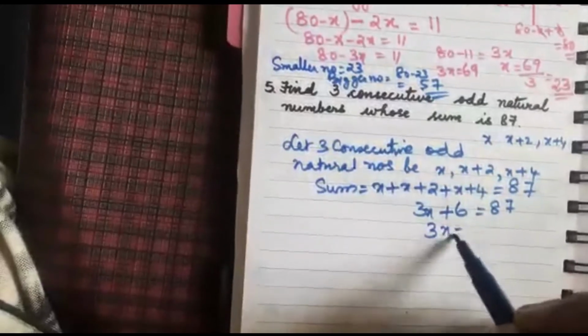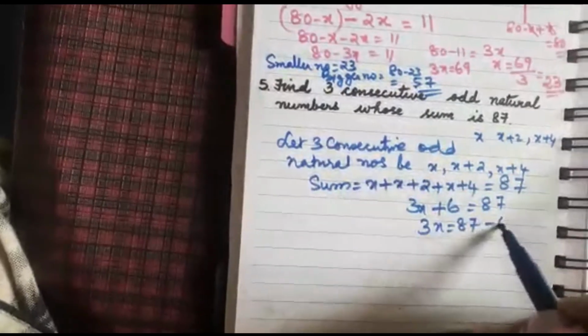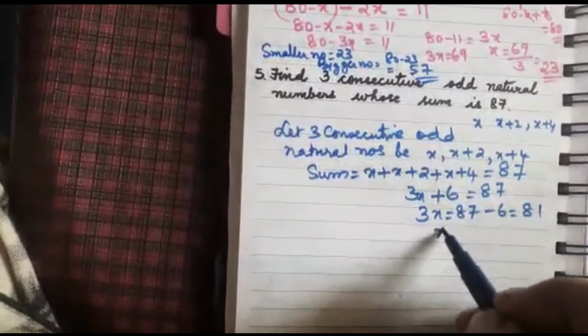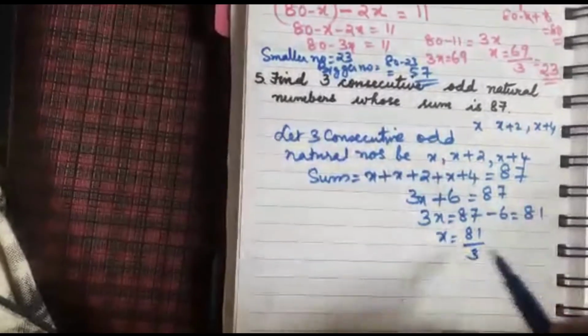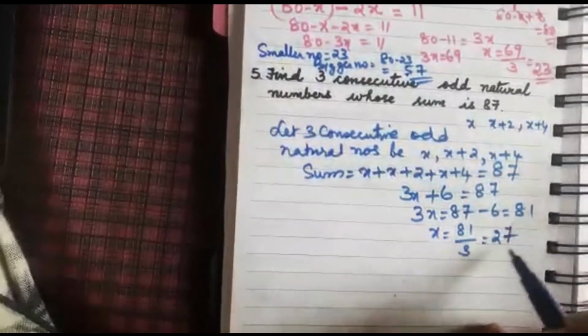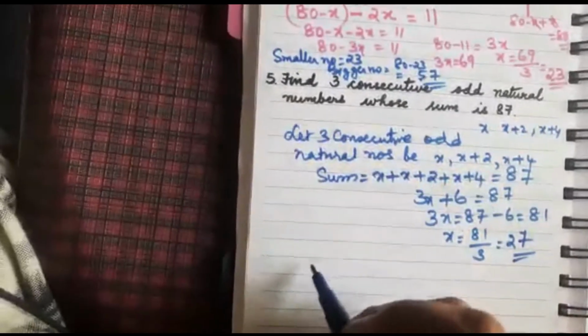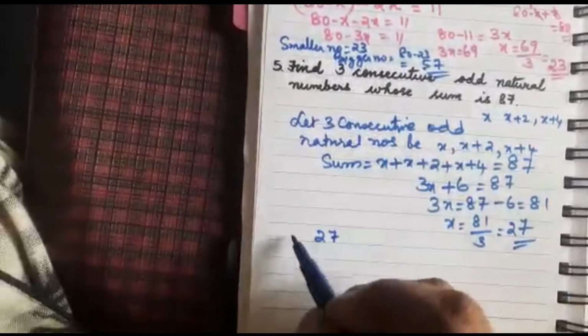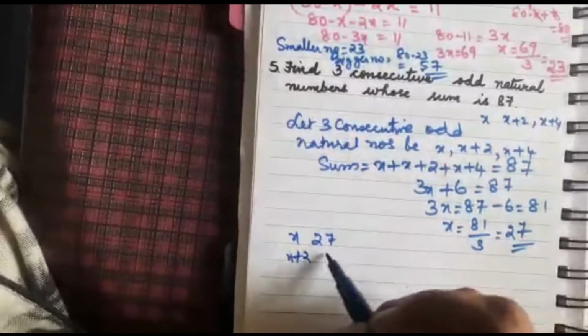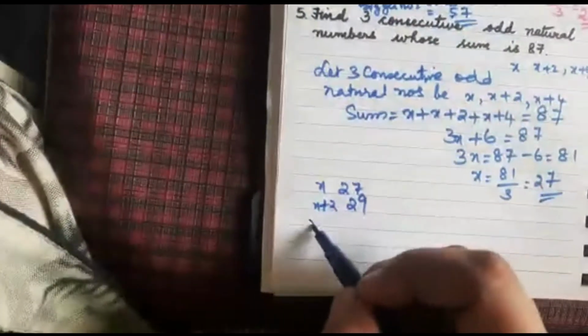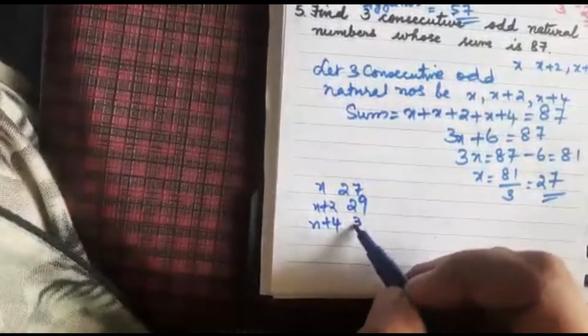So 3x is equal to how much? 87 minus 6. That is 81. So x is equal to 81 by 3. That is 27. So first number is 27. Second is x plus 2, that is 29. And third will be x plus 4. How much is it? 31.